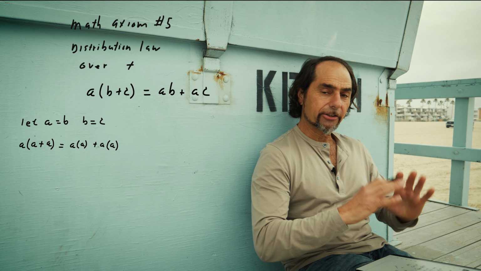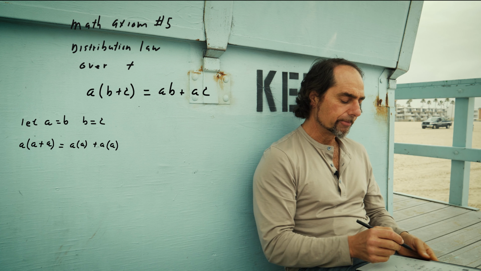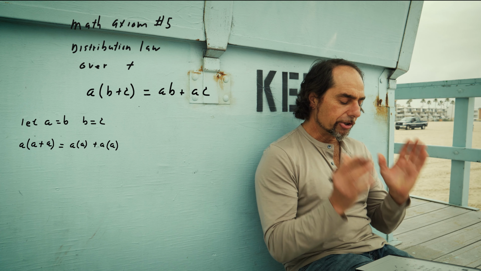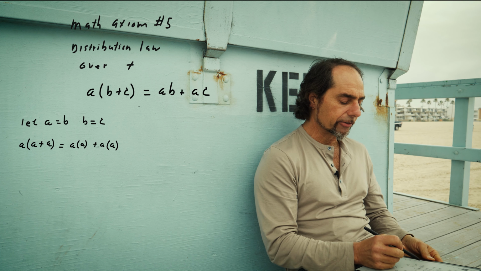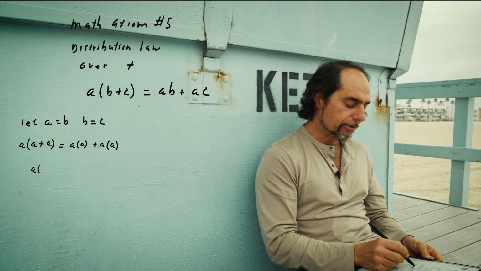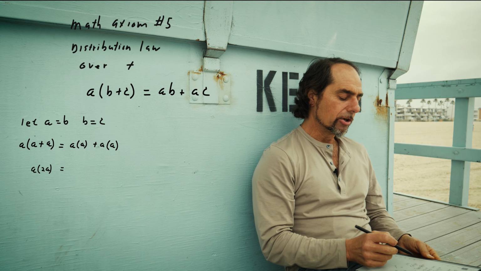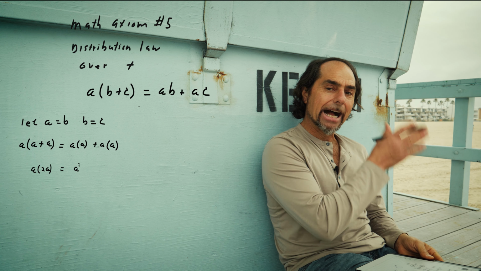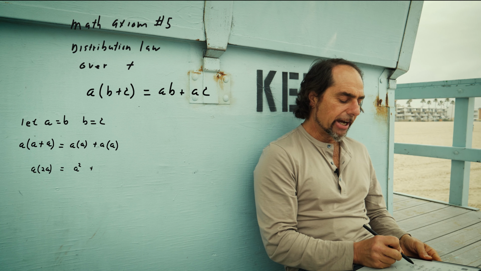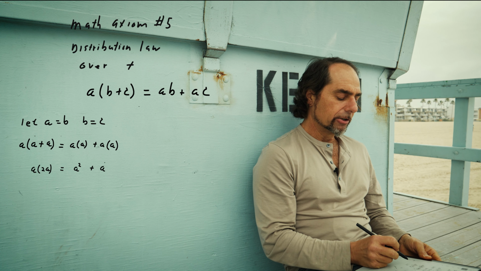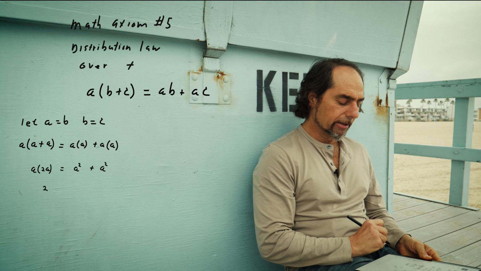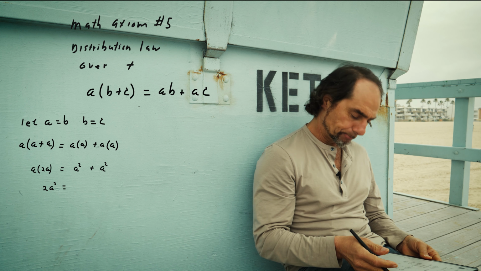So now, let's clean it all up and see if it all holds. On the left side, I'm going to do the inside of the parentheses first. A plus A, I get 2A. And that is still inside the greater parentheses, which is going to be multiplied by the outside A. So A times 2A is really 2A squared. Let's look at the right side.